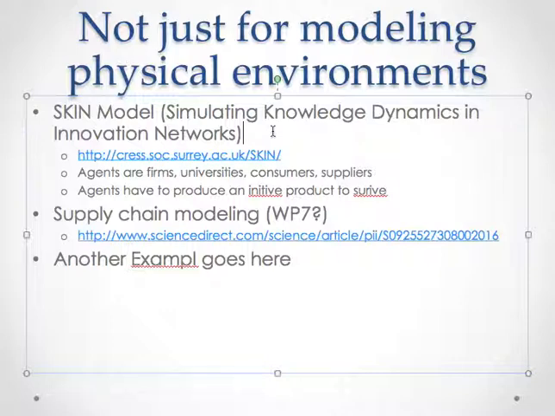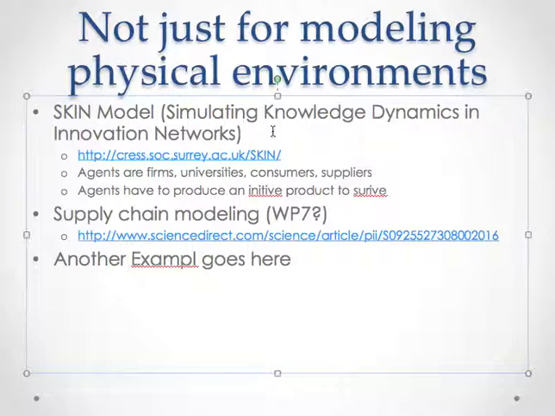In the SKIM model, agents have to be innovative to survive, and that's a variable, and different things change the variable. I didn't think it was very good as a way of actually simulating how innovation is shared. But what I did get from using that model was an understanding of how someone else thought innovation might be shared.